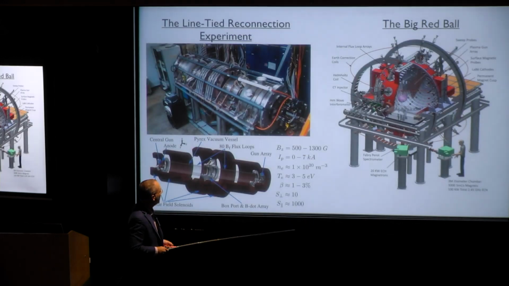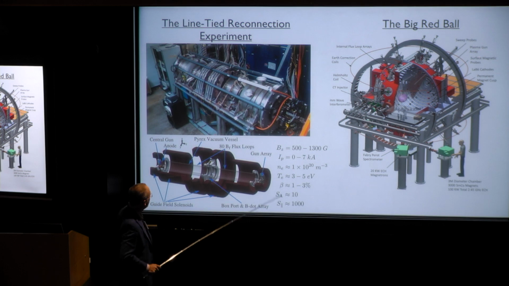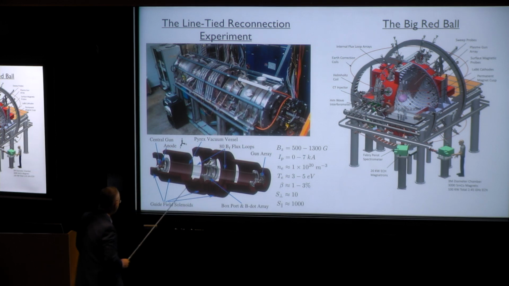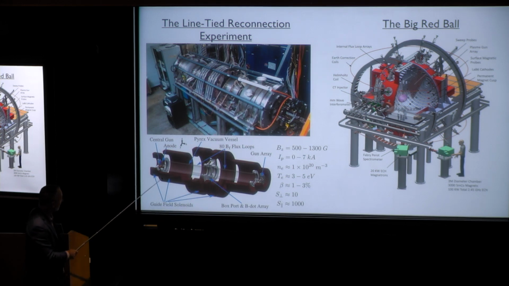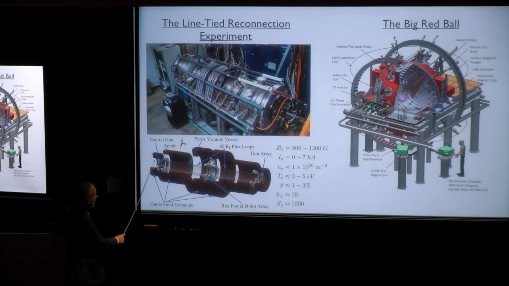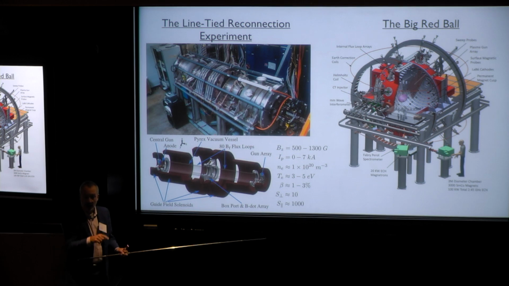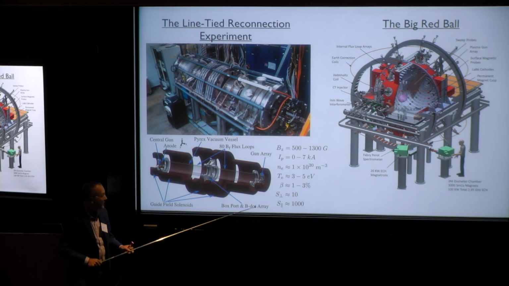Okay. We do experiments on two machines. This is the first experiment machine, and this operated well before this, is called the line tide reconnection experiment. And what it is, it's what we would call in the field a screw pinch. So very, very simply, it's a solenoidal magnetic field, and we inject current along the column, and injecting current creates twist, leads to instabilities, and so forth.